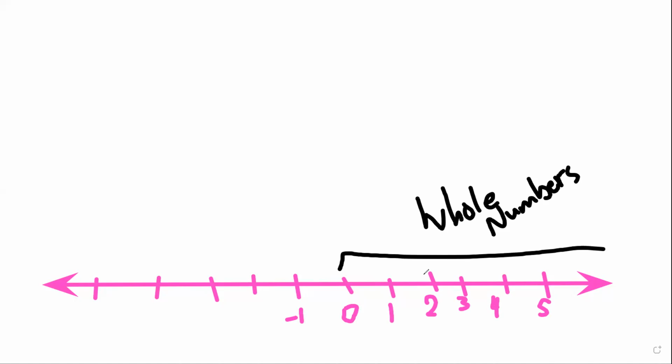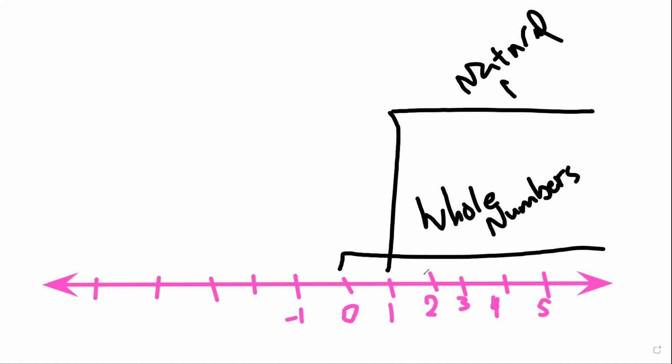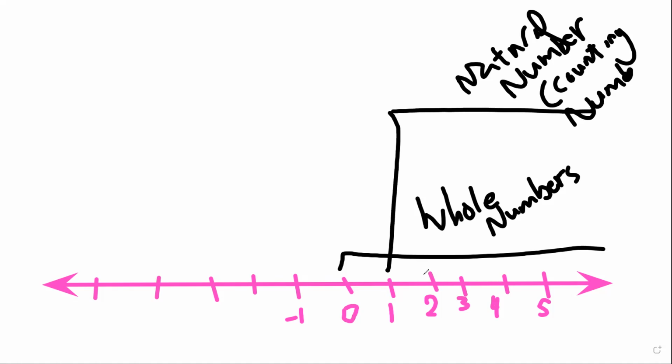The numbers starting from 1 up to infinity we call natural numbers, or in other words, counting numbers. When you start counting, you will not start from 0, you will start from 1. You want to count how many apples? You say 1, 2, 3, 4, and so on. So starting from 1 up to infinity, these are counting numbers or natural numbers.